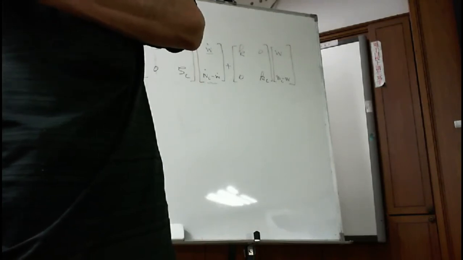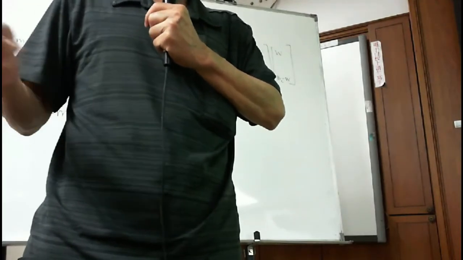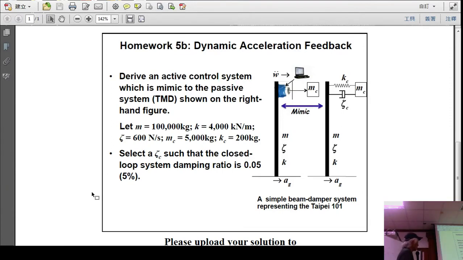The second one, the 5B. If you look at 5B and 5A, they are the same system, except now I wanted you to design an active control system that will mimic the right hand side TMD, the dynamics equations already shown in the last slide.